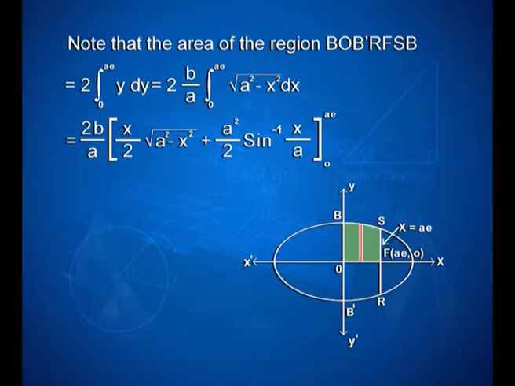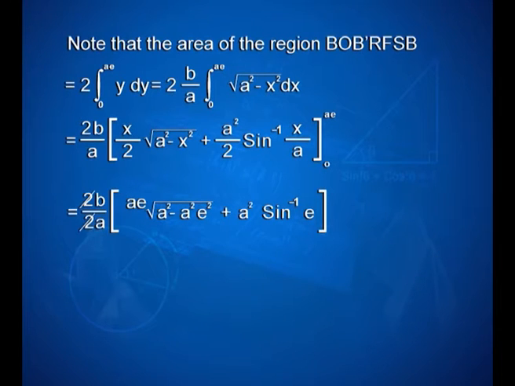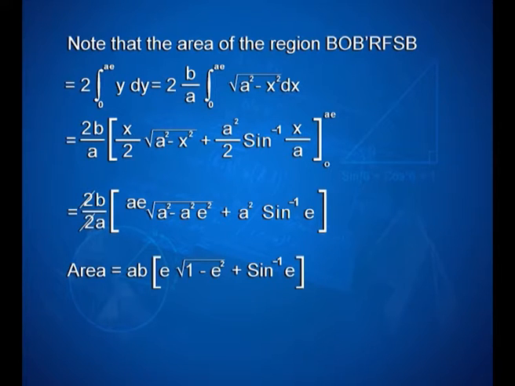On applying limits, we have 2b upon 2a into ae times the square root of a squared minus a squared e squared plus a squared into sine inverse e. Therefore, the required area is ab into e into the square root of 1 minus e squared plus sine inverse e.